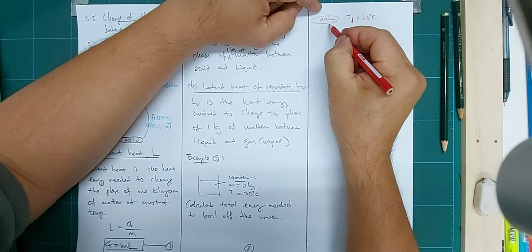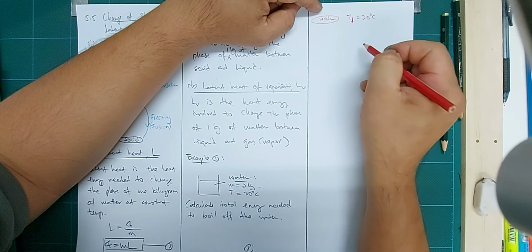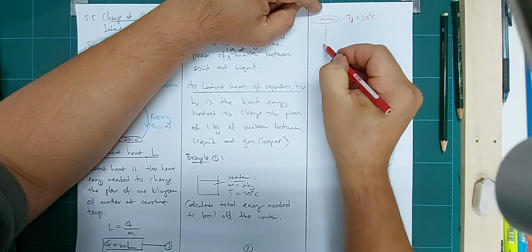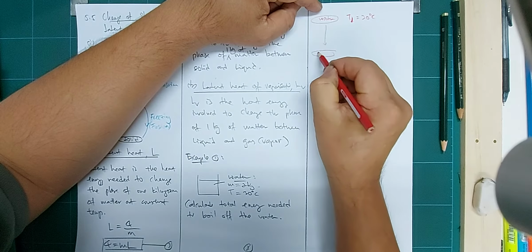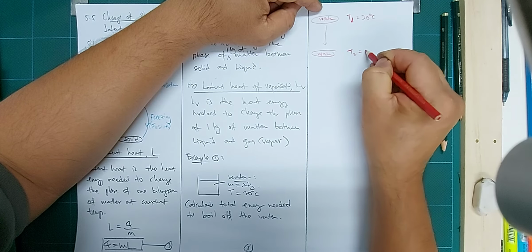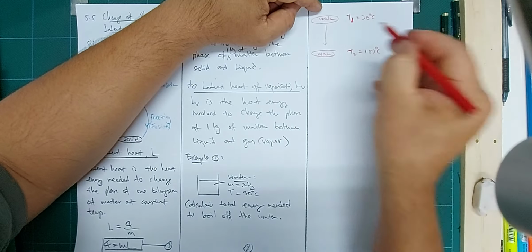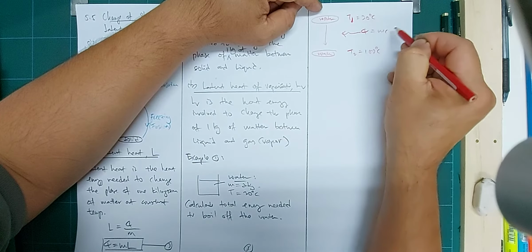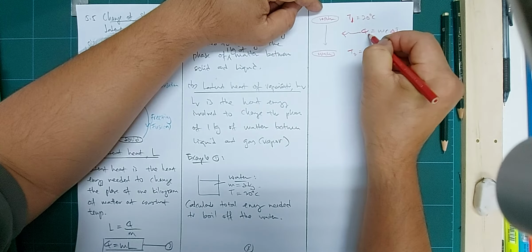You want to increase the temperature to 100 degrees Celsius before it can boil, right? So the water is still in water form, but now the temperature is higher, T2, 100 degrees Celsius. Here it needs to absorb energy, which is mcΔT, and this one is Q1.